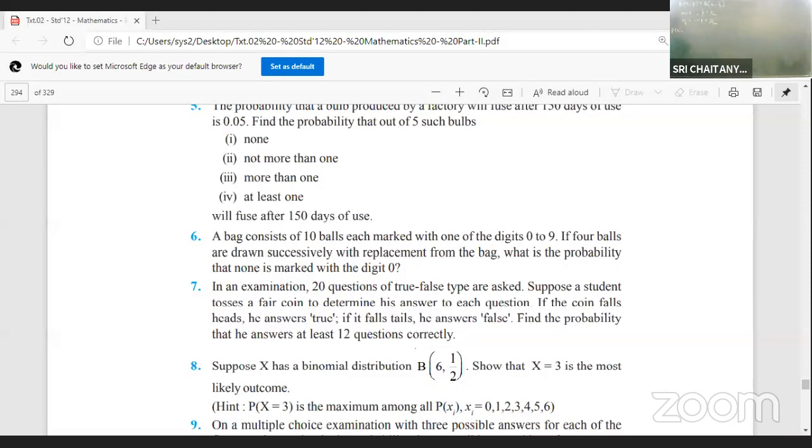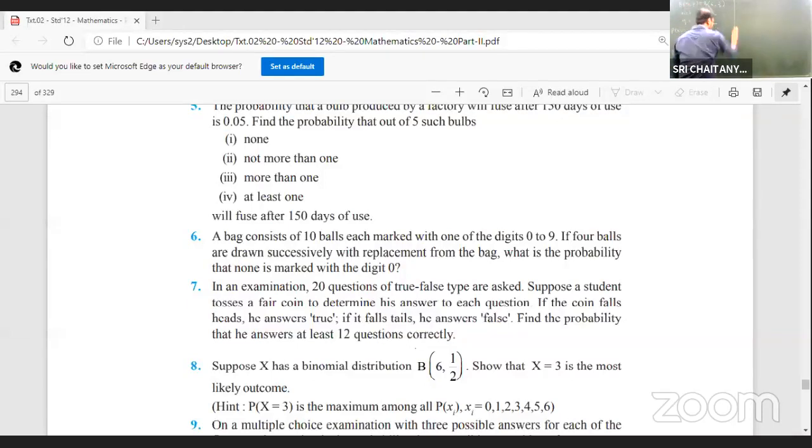P(X = 0) is 6C0 into q to the power of 6 into p to the power of 0. That means you should get 1 by 2 to the power of 6, which is 1 by 64. Now, similarly, you should find out P(X = 1).